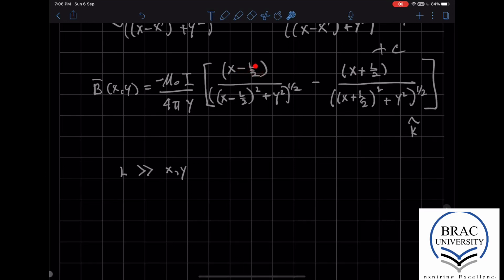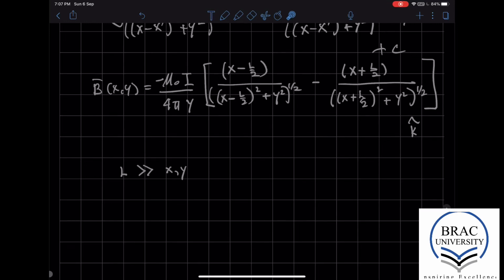And there's a minus L by 2 and a minus L by 2, so they will add up to give me minus L, because the denominator will be the same in that limit, and that minus will cancel this minus, and we will get a factor of L out. In the denominator, this x is not going to be relevant, and this y is not going to be relevant because L will be much larger. So from the denominator we are going to get L by 2. But that 2 is going to go into the numerator, and that will cancel with this 4 to give me 2.